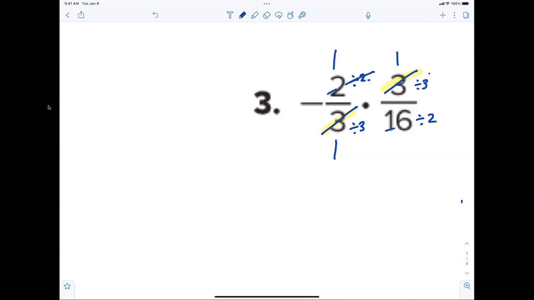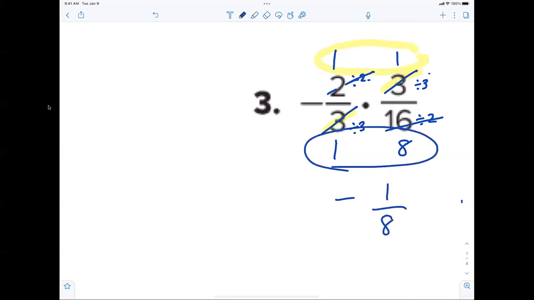And 16 divided by 2? 8. Now you have to remember from the previous lessons with integers, a negative times a positive is a what? Negative. Everybody okay with that? And now you're doing 1 times 1, which is 1. And then 1 times 8, which is 8, so my answer is negative 1/8.